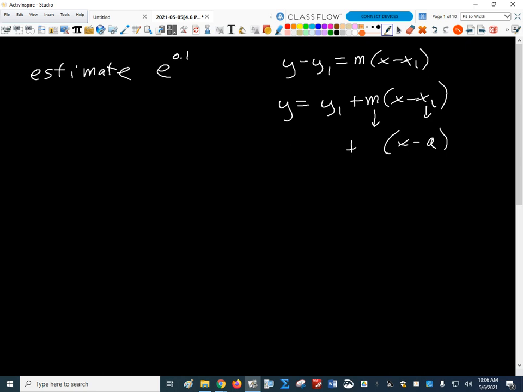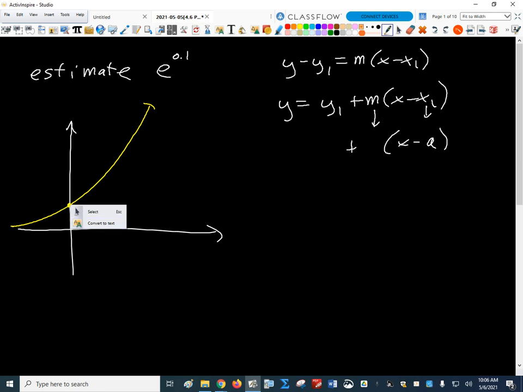If I were going to draw a picture of this, I've got this exponential curve, and we know it goes through the point 0, 1, right? We're trying to estimate the value of this thing at 0.1, so it's going to be really close to that point, right? We're just going to use that tangent line to approximate the curve in the vicinity of x equals 0, right?